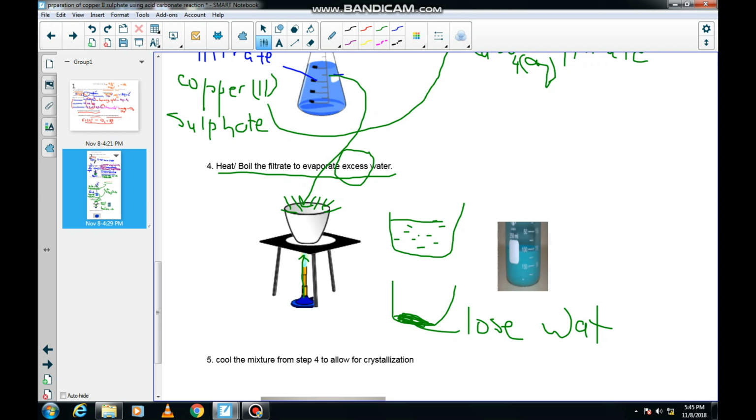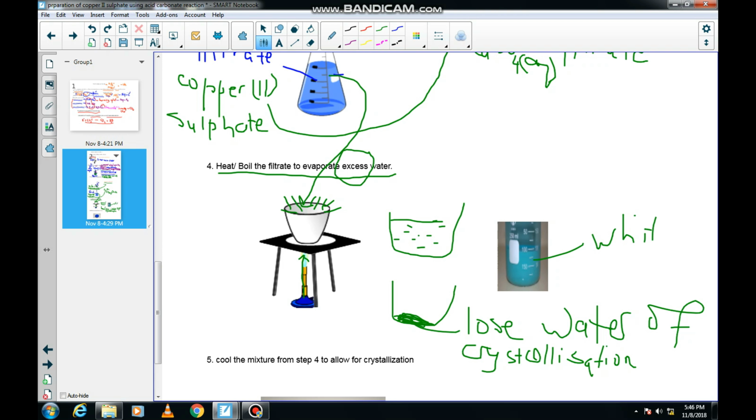They will dehydrate, losing the water that is part of the crystal lattice that holds the particles together, and your crystals would tend to be whitish in color.